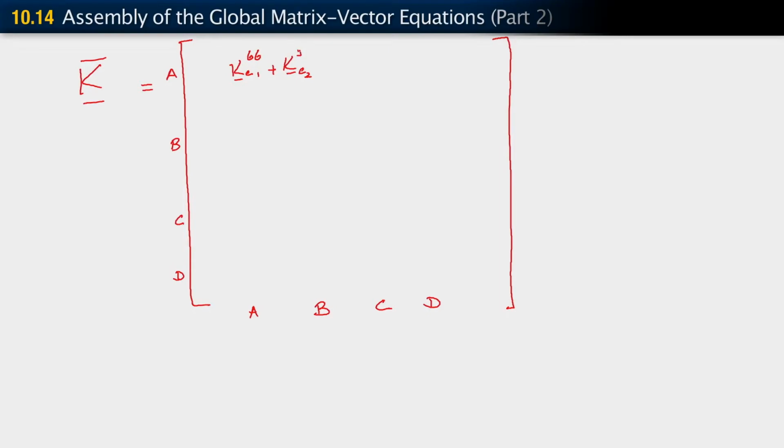That's right, the 5 component. If we filled out all the A, B, C, Ds here, we would have 16 entries.